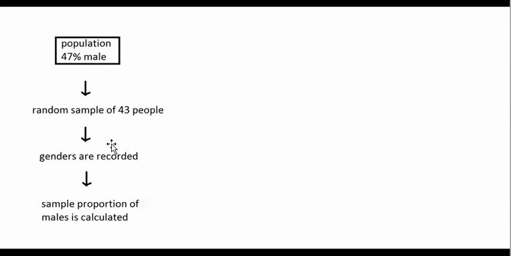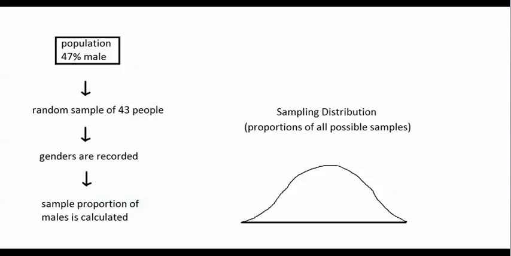Since we're taking a random sample and calculating a sample statistic, there's a sampling distribution involved. Once again, the sampling distribution includes all of the possible combinations that could become the random sample. The random sample is going to be one of the possible samples in the sampling distribution.